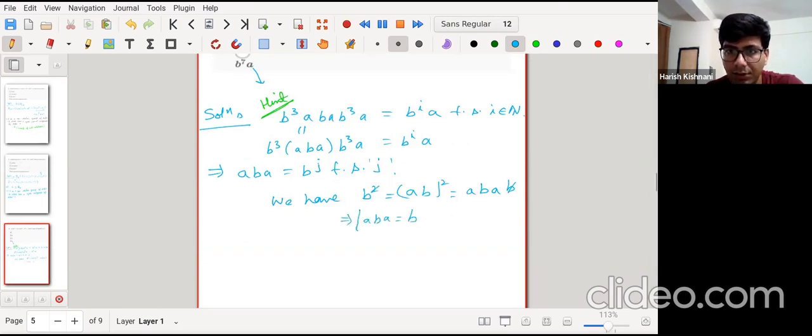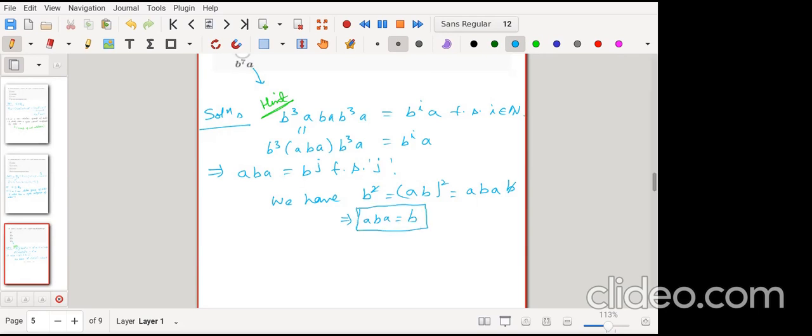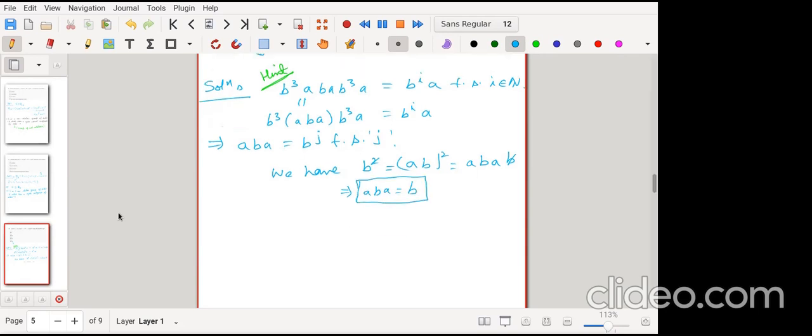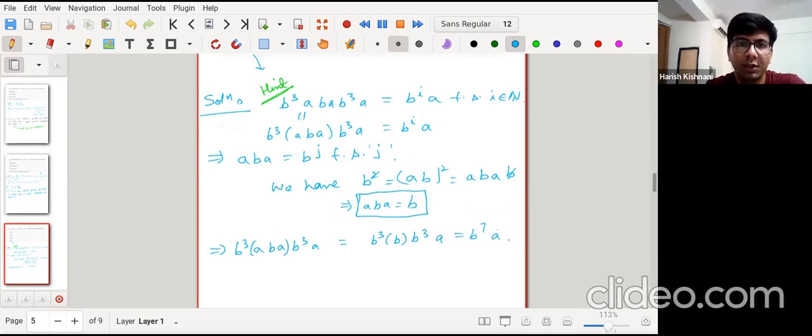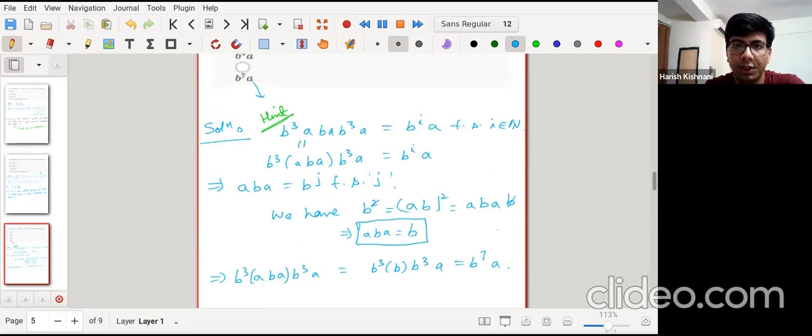Now put it back into the given element, b cube, aba, b cube a. So this is b cube, b, and again b cube, and then a. So it is equal to b^7 a. So that's already an option there.